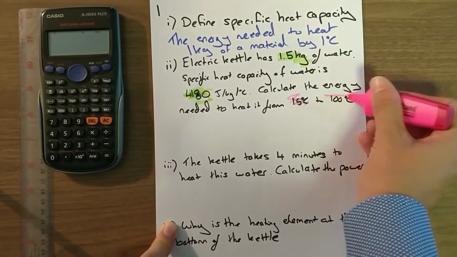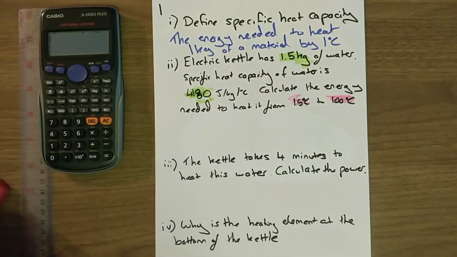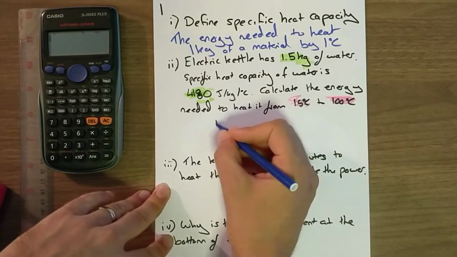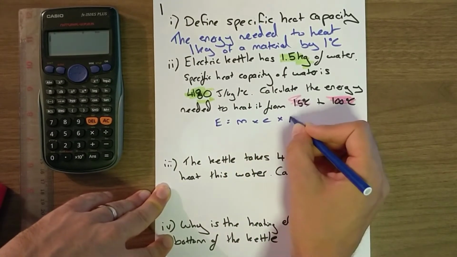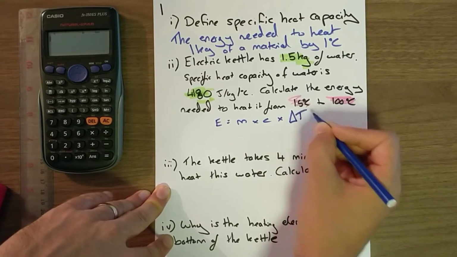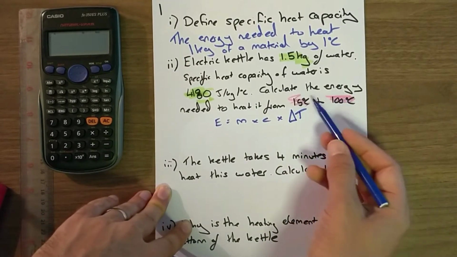Now the equation that we should know is that the energy needed is the mass times the specific heat capacity times our change in temperature. Remember, sometimes you see a different symbol there. This is not a temperature change.